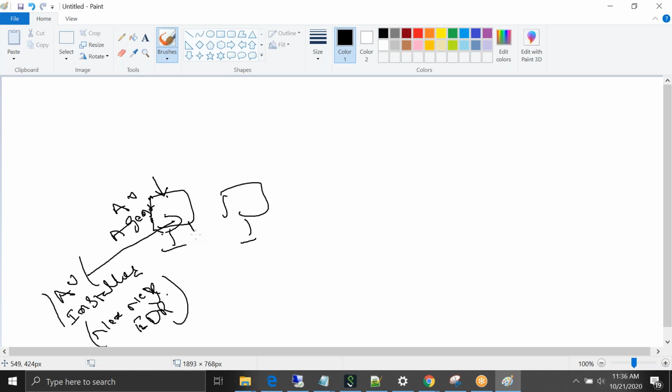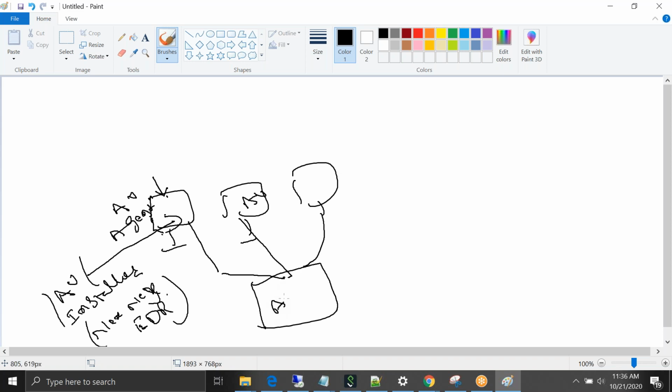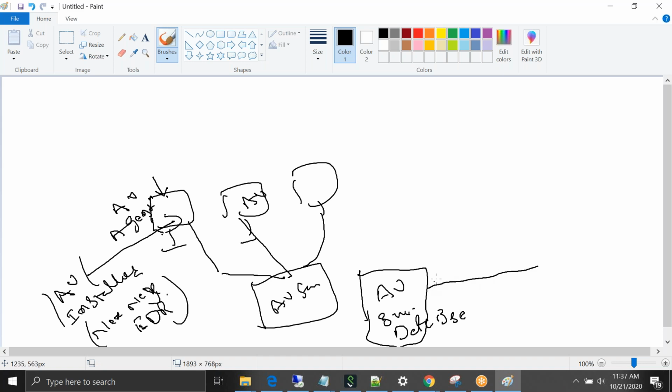So this is the AV agent, and every AV agent will be connected to another server, the AV server, and in the back end there will be an AV signature database. Signature database means every known attack.